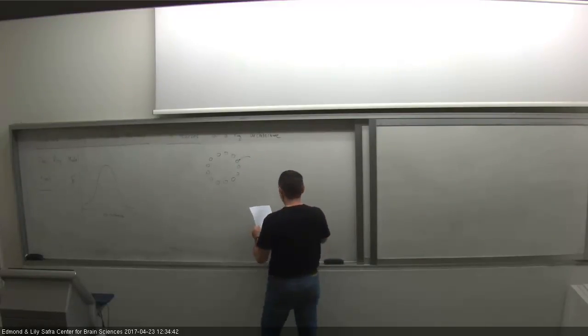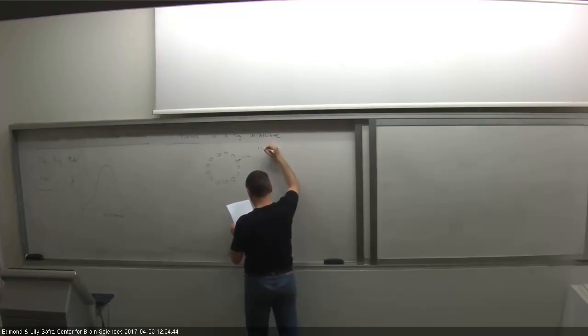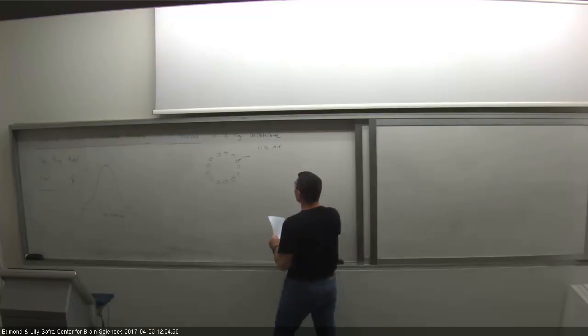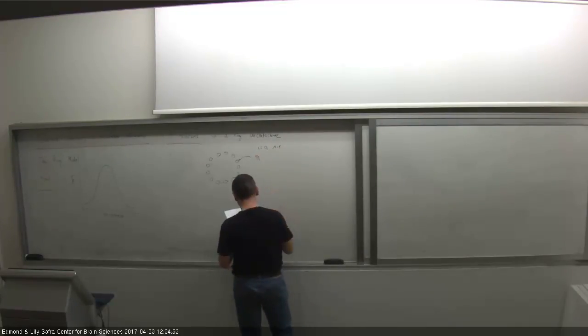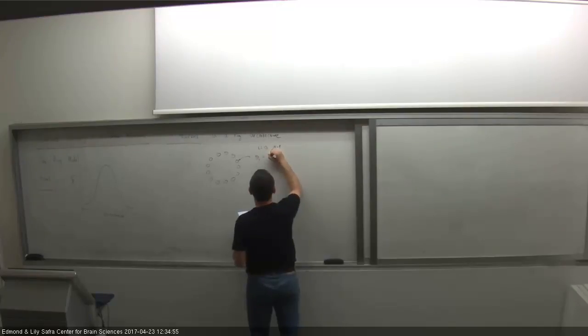Each neuron I, which goes from 0 to n-1, is associated with an angle theta I, which is equal to 2 pi I over n.